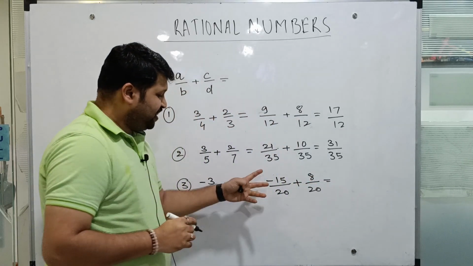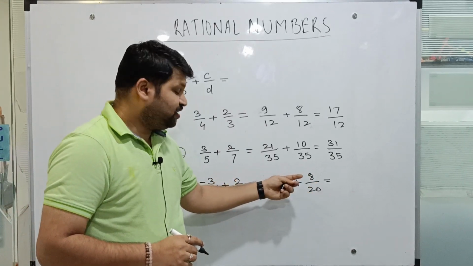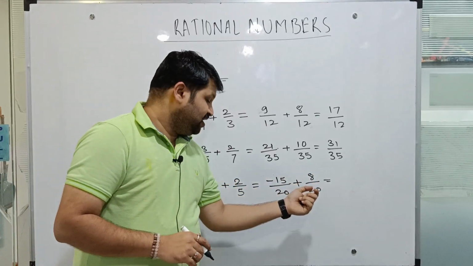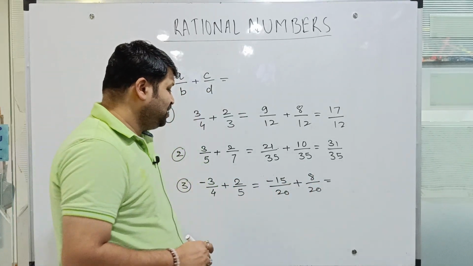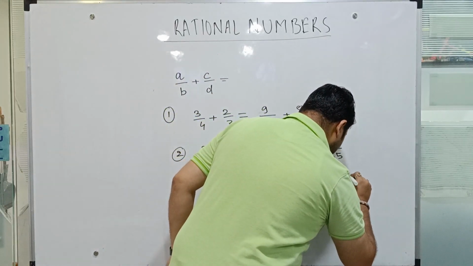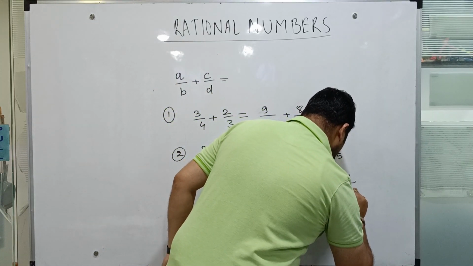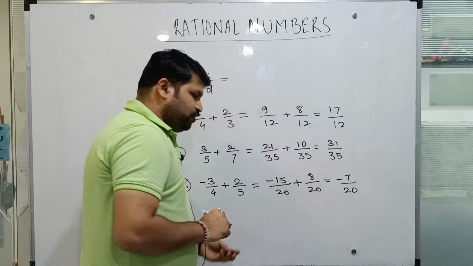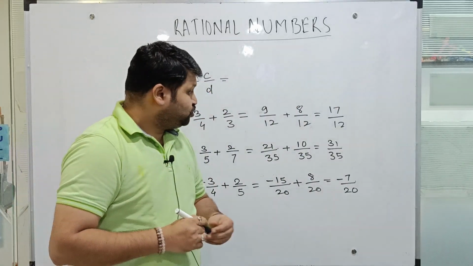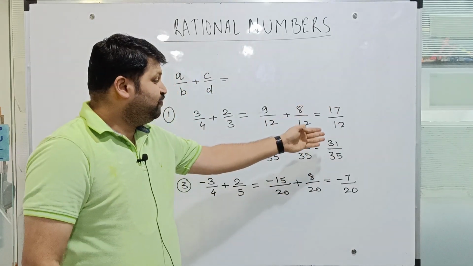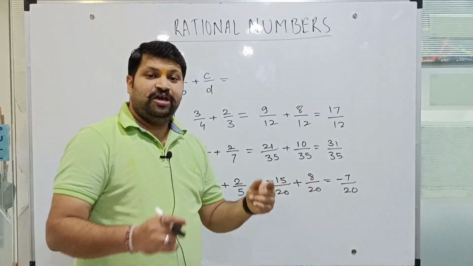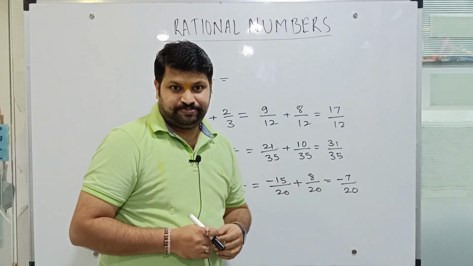Now since there is a negative number here and a positive number here, since they don't have the same sign, I would be subtracting them, giving me a minus 7 upon 20, which would be my final answer. So in all the three cases, what do we see? The final answer that we get is a rational number.